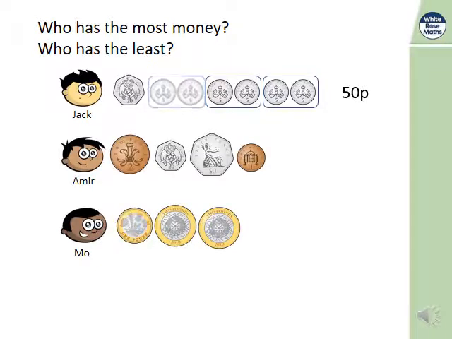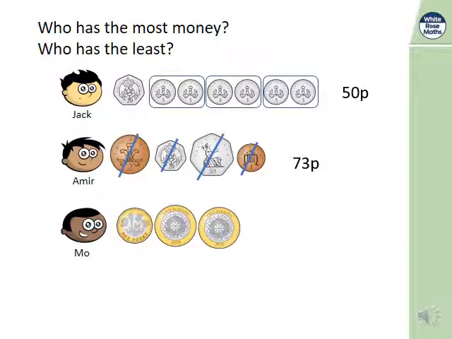And Mia has got a 50p, and starting with the largest coin is the best way. So we start with the 50, then add the 20, which is 70, then add the 2, which is 72, and the 1, making 73 pence. It helps counting money if you start with the coins largest in value, not in size.